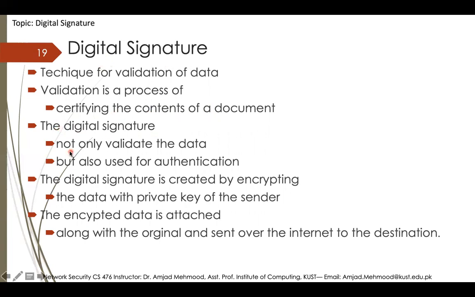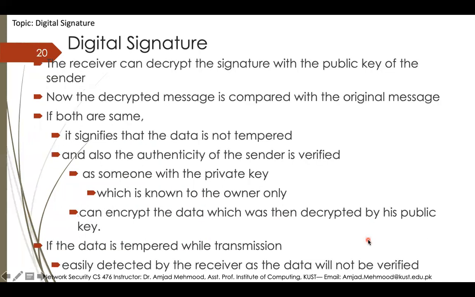So a digital signature not only validates the data, but is also used for authentication. The digital signature is created by encrypting the data with the private key of the sender. The encrypted data is attached along with the original and sent over the internet to the destination. I'll show that with the help of a diagram at the end.